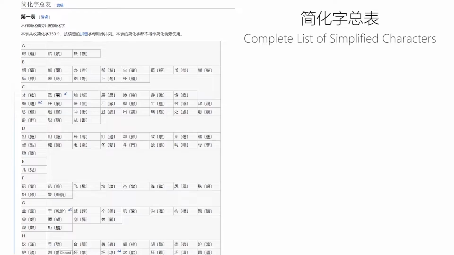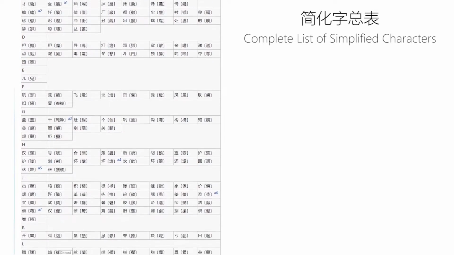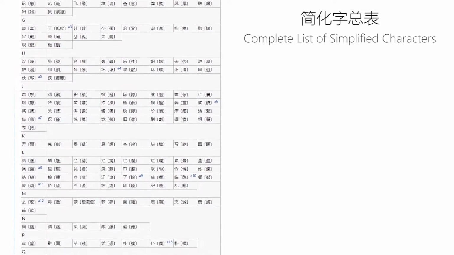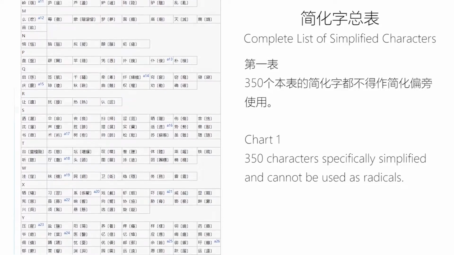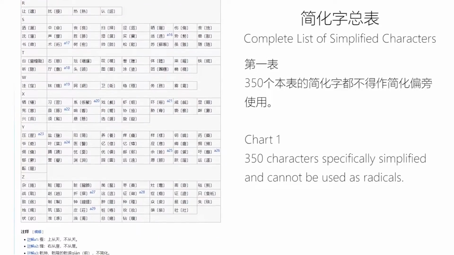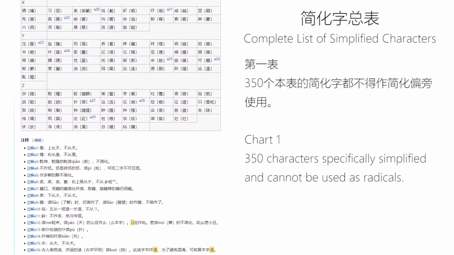So how many characters are simplified? This is a complete list of simplified characters which was published in 1986 in China. In the content, they stated that they have 3 charts. The first one contains 350 characters specifically simplified and cannot be used as radicals.